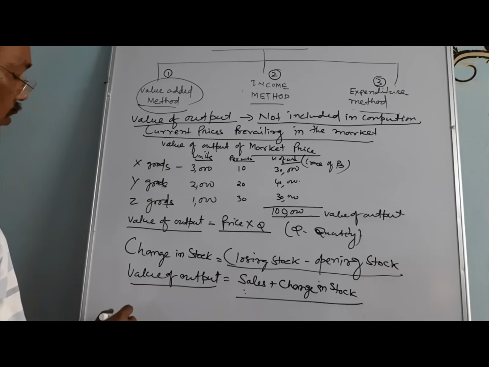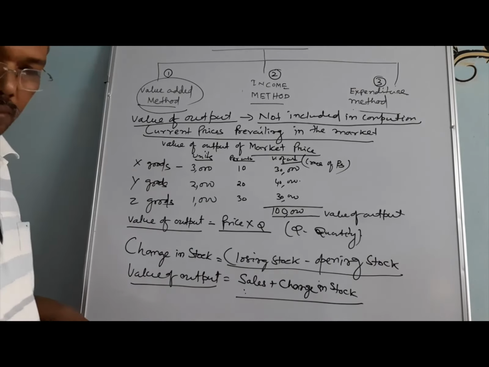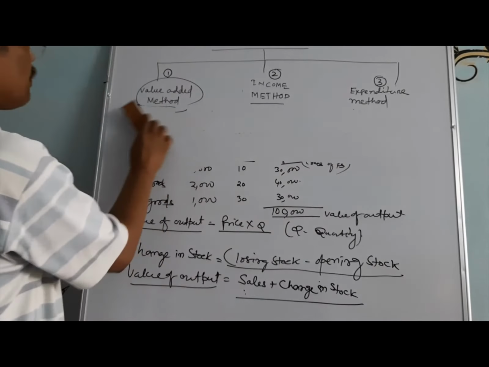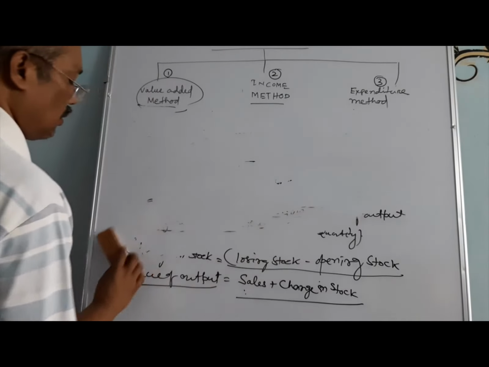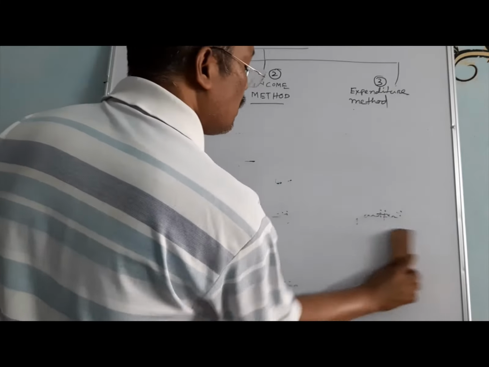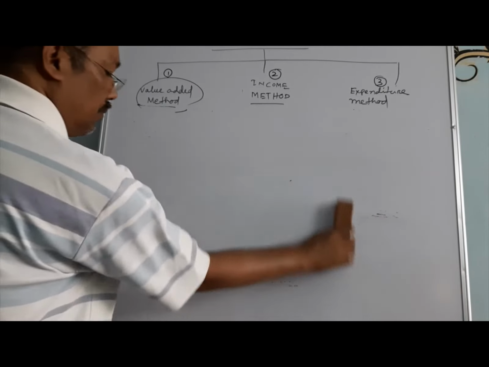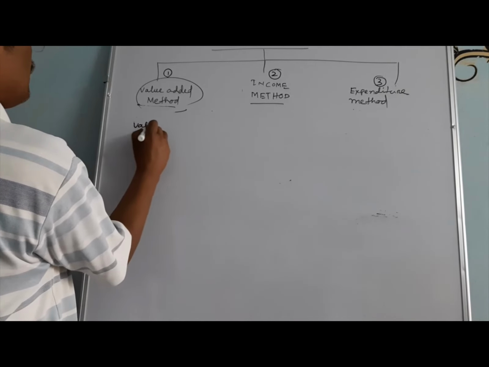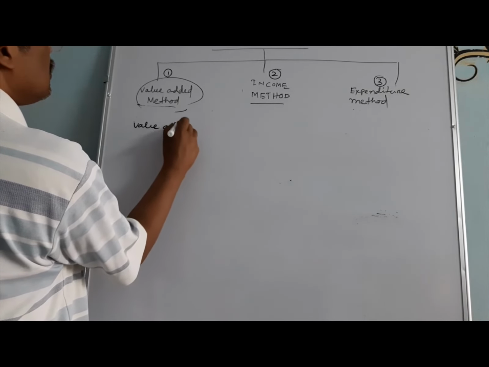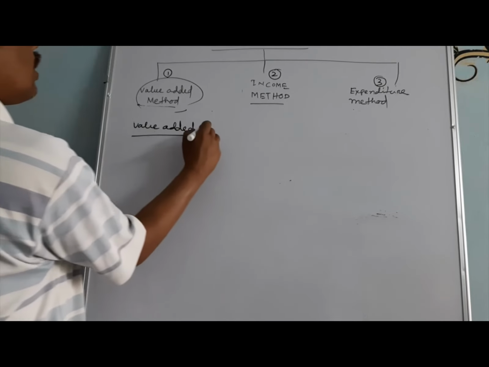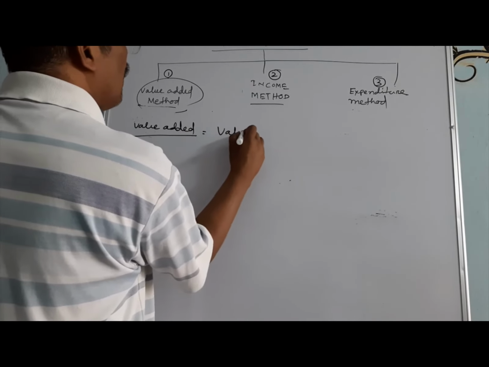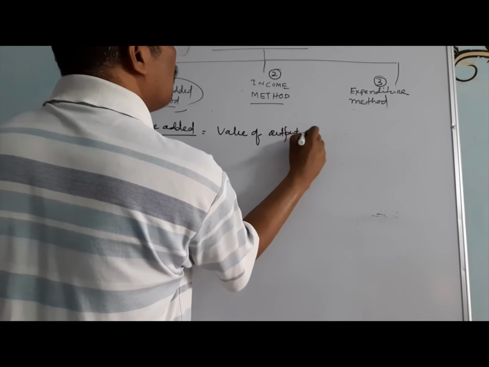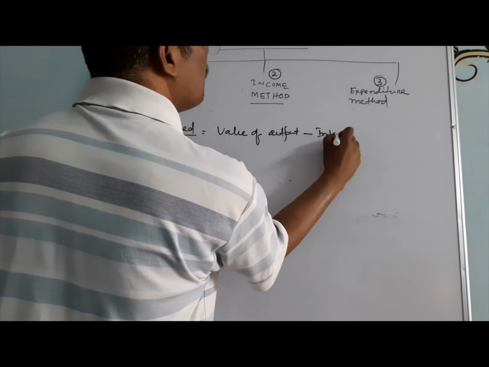So value added equals value of output minus intermediate consumption.